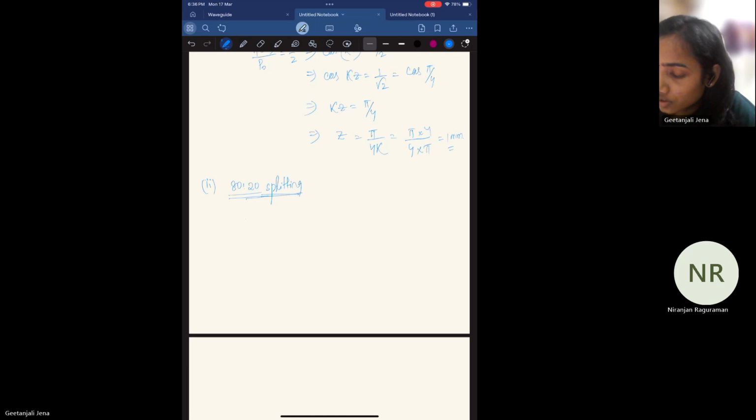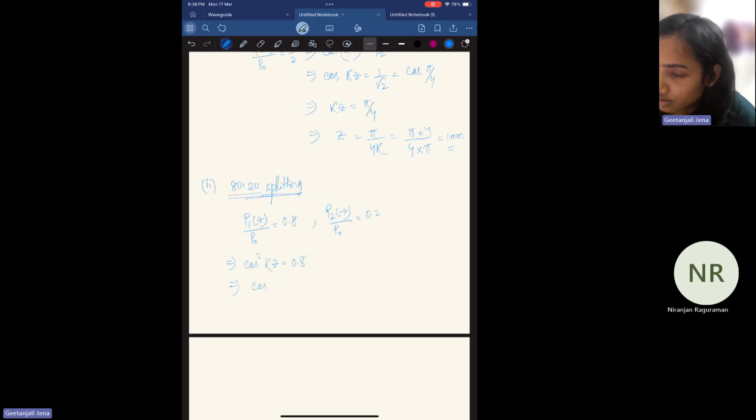Okay. So 80/20 means P1Z by P0 is 80 percent, which is 0.8, and P2Z by P0 is 0.2. This is cos square kappa Z, which is 0.8.